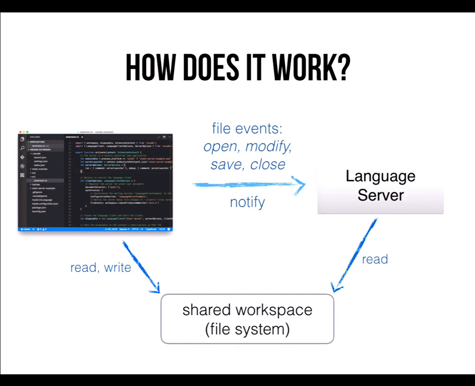Either the client sends incremental updates, so if you type something, only the new text is sent to the server, or the whole text at once. So you can choose one of these schemes, and that has to be considered by the server. The server itself has to duplicate the current dirty state of the editor and use that as a reference, both for all the services that run on that file, and also for services for other files.